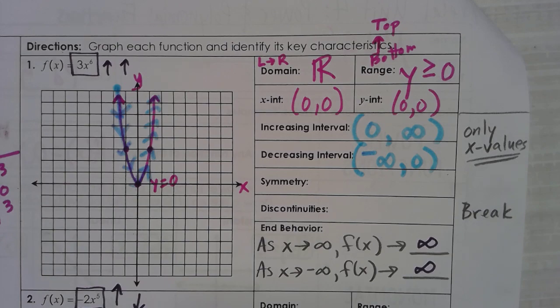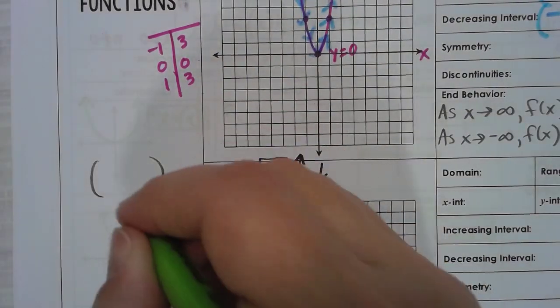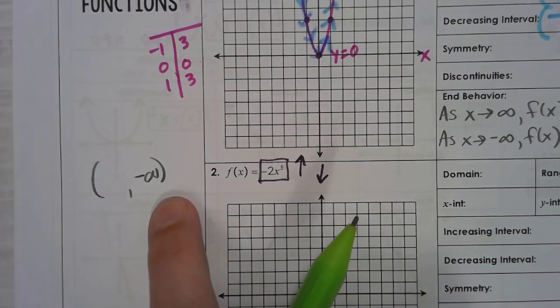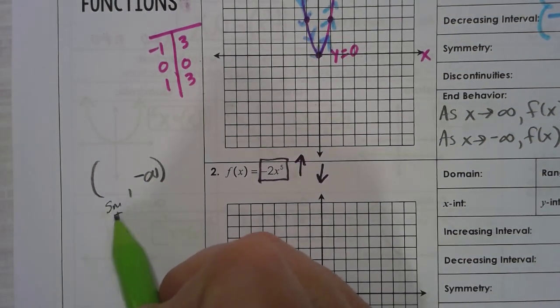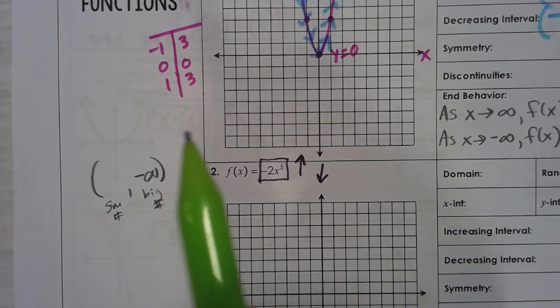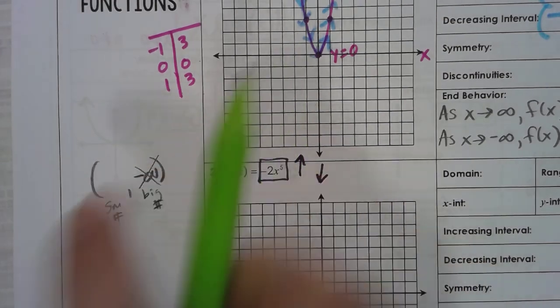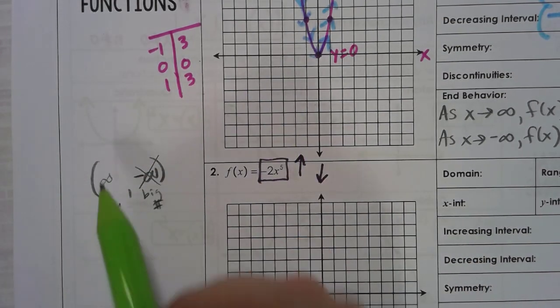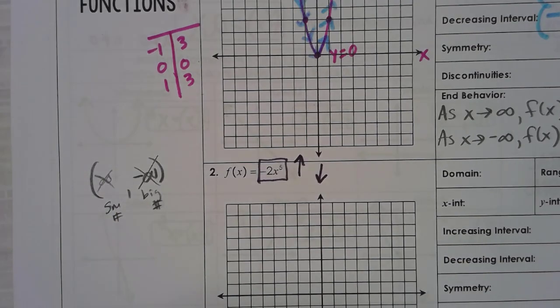But what's always going to be wrong is if you put negative infinity on the right side, because this has to be the small number and this has to be your big number. You're never going to have a number smaller than negative infinity. So never ever put negative infinity on this side, and never ever is positive infinity going to be on this side. Just things to keep in mind.